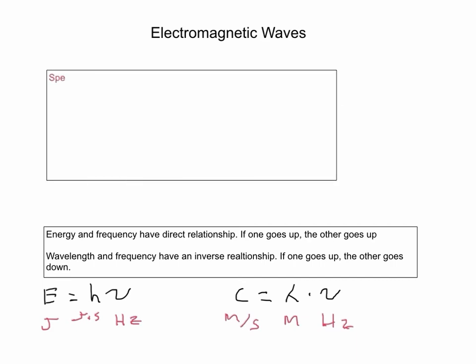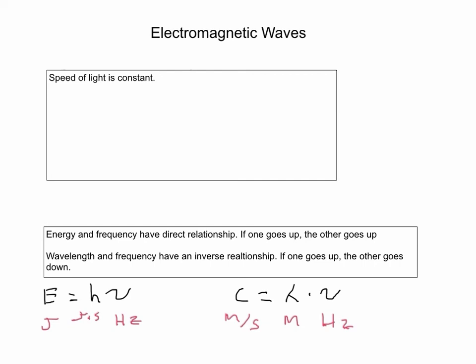And the speed of light is going to be a constant. Constant means it's not going to change, and it's actually the fastest speed that anything can ever travel. So nothing can travel faster than the speed of light, and this number is always going to be the same.